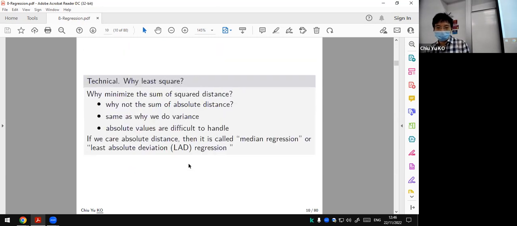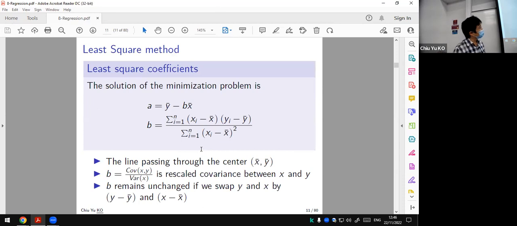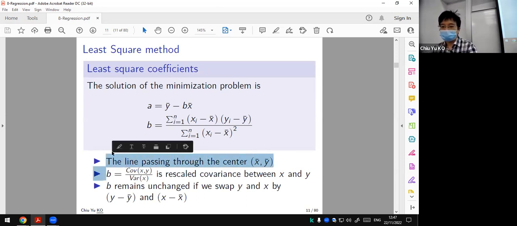One of the key things is that when you best fit the line, the line will pass through the center of the data, and that means everything is being compared to the center of the data.